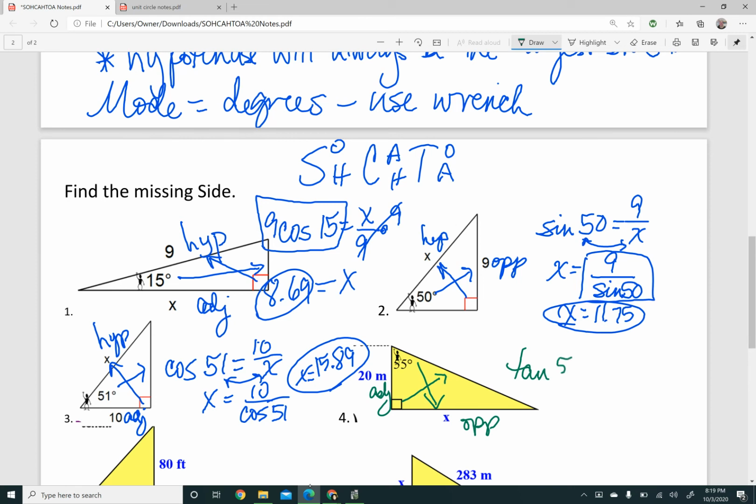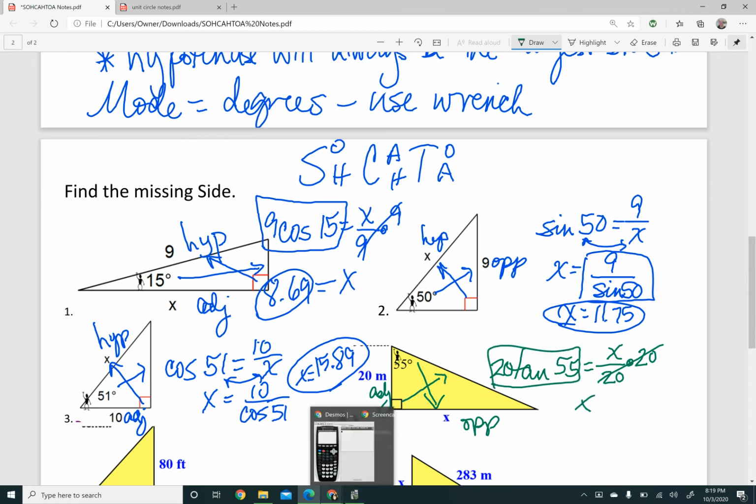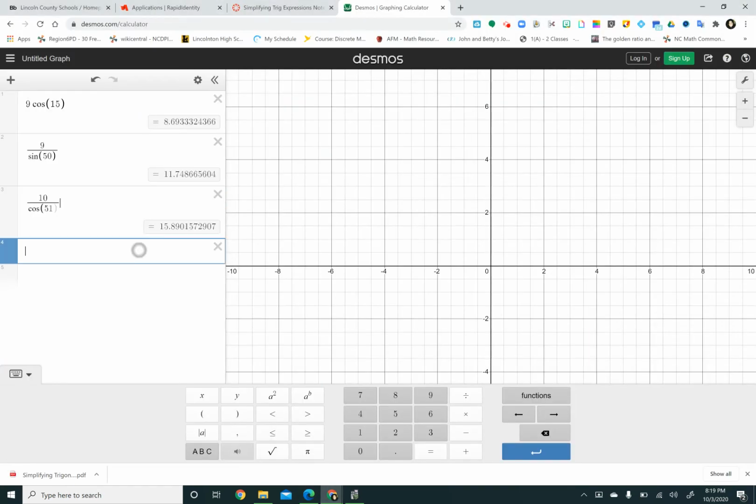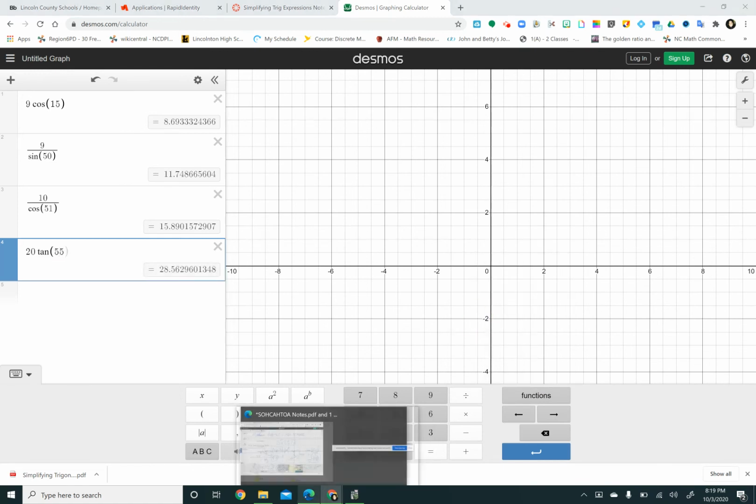So the tangent of 55 degrees equals x over 20. When x is in the numerator, we multiply by the denominator. So we get 20 tangent 55 to put in our calculators. So 20 times the tangent of 55 is 28.56.